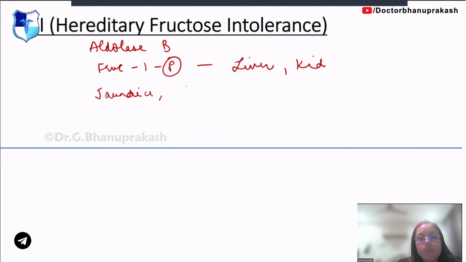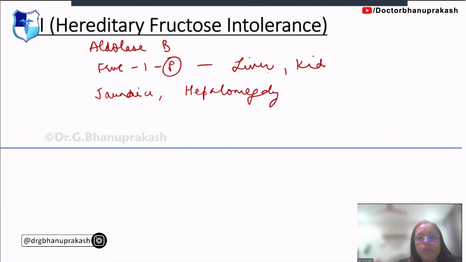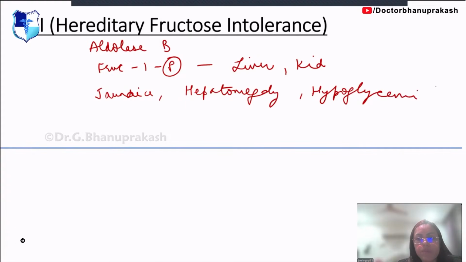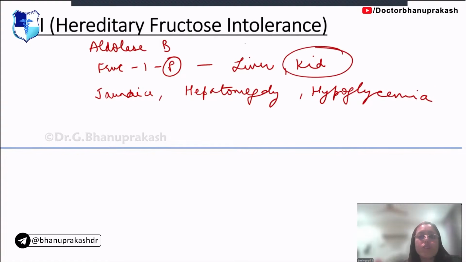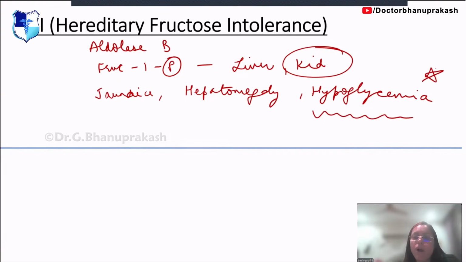So jaundice, hepatomegaly, and hypoglycemia. Okay. If not treated, then renal failure can occur. Hypoglycemia is very important point here because there is no hypoglycemia for galactose disorder.